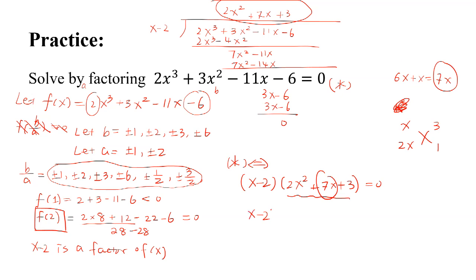Okay, so this factor can be further factored to (x plus 3) times (2x plus 1), right? Okay, so now you can see that the solutions are x equals 2, or x equals -3, or x equals -1/2.